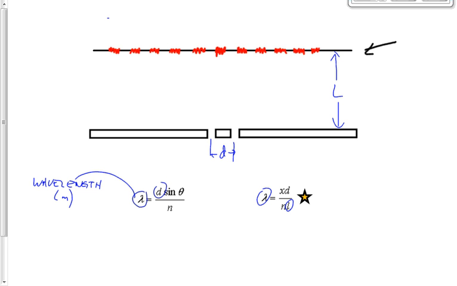X is the next one, but that's kind of a little bit tricky here. X is what? The distance between any maximum or minimum and any other maximum or minimum. So it can be the distance between, let's number these here before we start doing that.